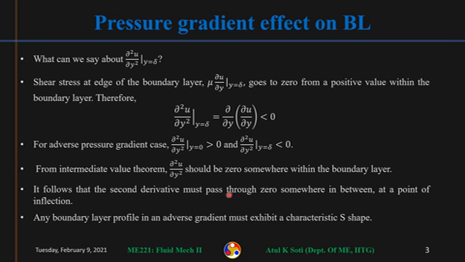So in case of adverse pressure gradient, we'll have a point of inflection within the boundary layer, and the boundary layer profile will look like an S-shaped curve. Why an S-shaped curve? Because an S-shaped curve has that point of inflection. From here to here, it changes the nature from concave to convex.